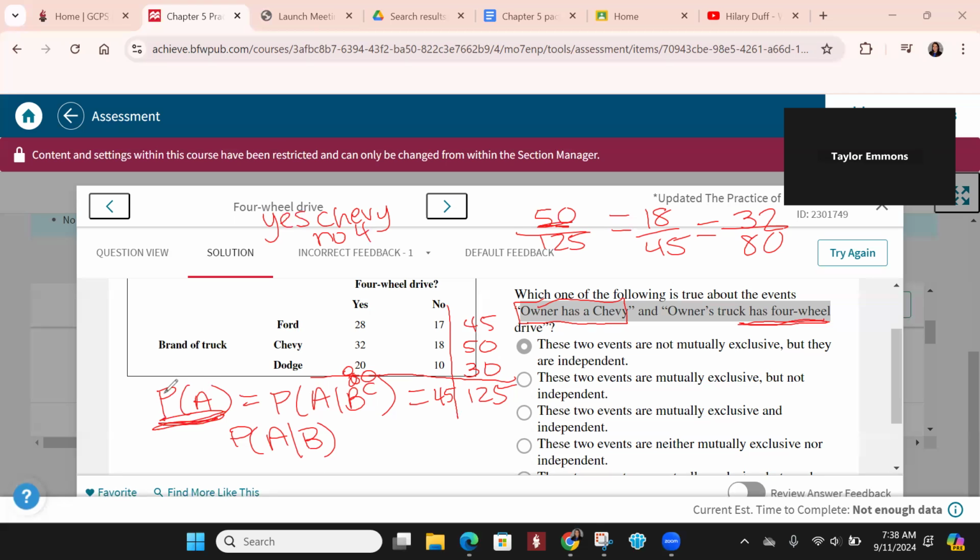If it says the probability of A, that's out of the total. If it says given B, whatever B is, that's the bottom number. You've got to make sure that you state what A and B are. If it's B not, it would be not four-wheel drive. Yeah. Still looking confused. You okay?